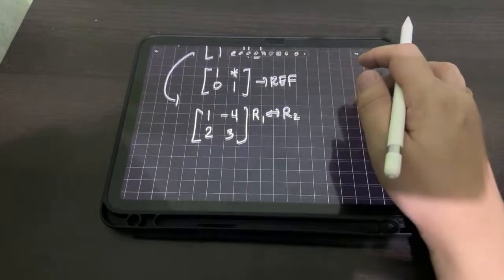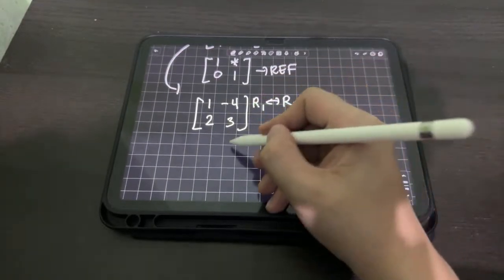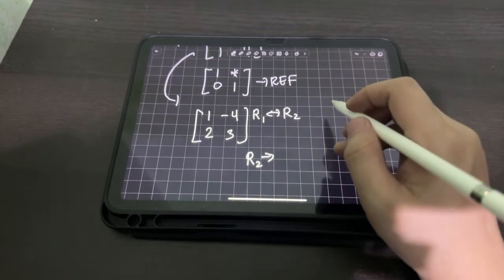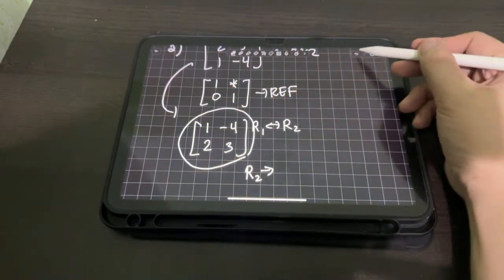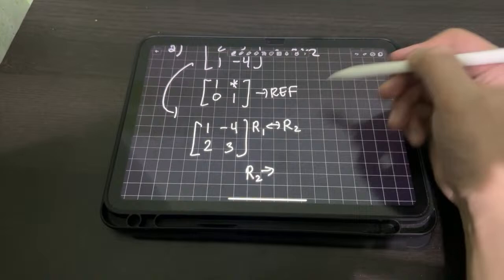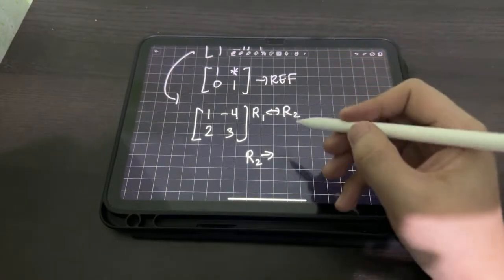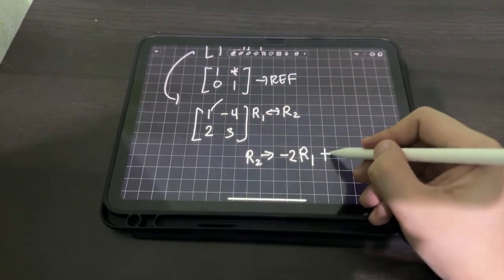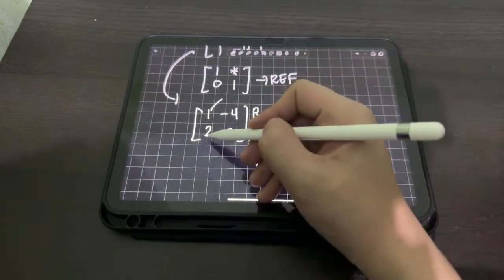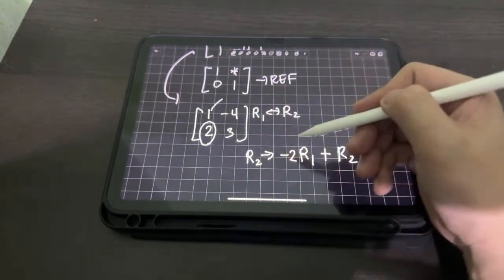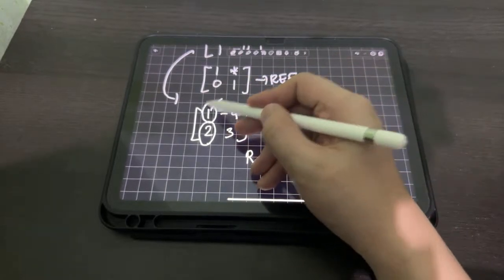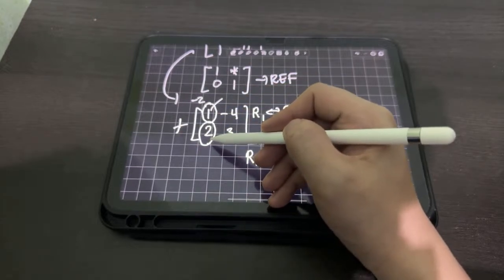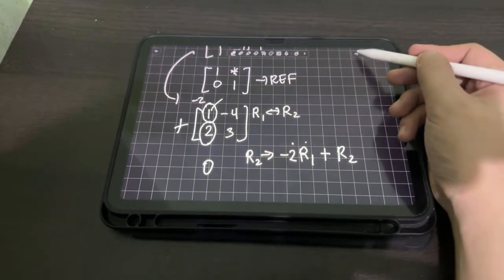This time we can do R2 equivalent to, using the entries of this last form of the matrix, negative 2 times row 1 plus R2, right? Because your goal is to make this 2 into 0. If you multiply negative 2 times R1, the first entry of R1 will become negative 2. And if you add this with the first entry in row 2, which is 2, it will be 0, right?